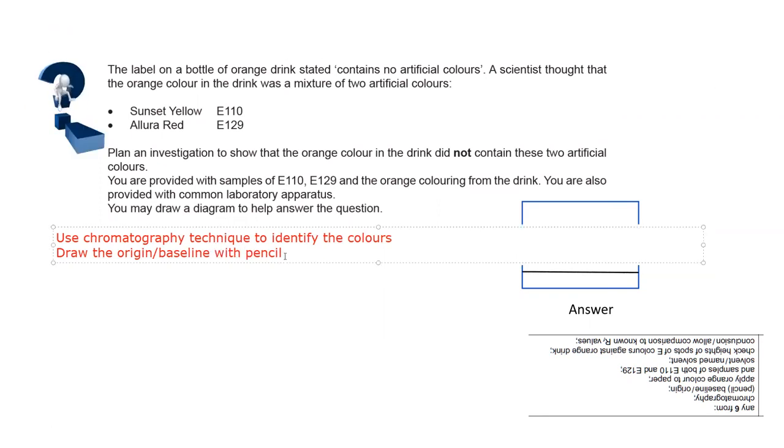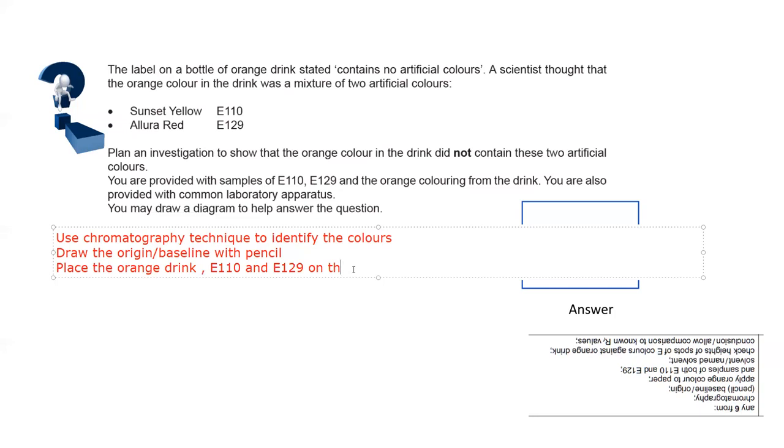Then after drawing the origin with pencil, we will place the orange drink, E110, which is sunset yellow, and E129 on the origin. Yes, chromatography works with juices as well.